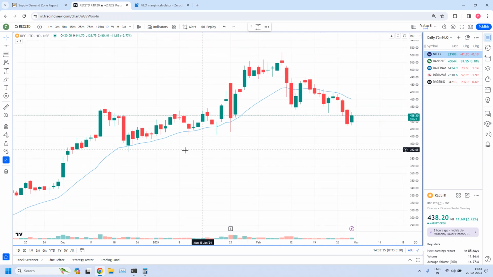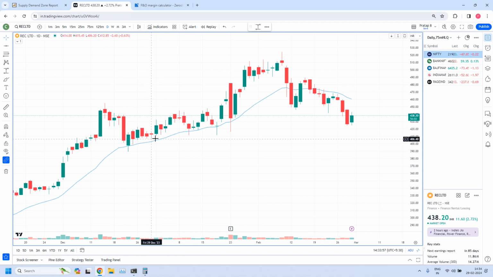In the daily time frame, 2712. Where is it? So this is the one.